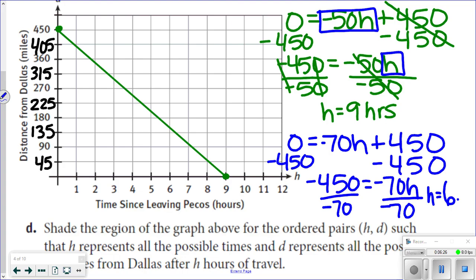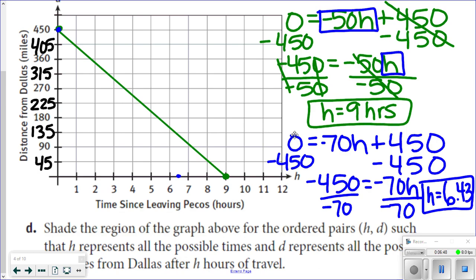So 6.43. So pretty much like 6.5 is our x-intercept. Our 0 of the function, that's how many hours. So do your best. And again, use a straight edge and connect those two things. This is our 0 of the function, total number of hours. So connect your x-intercept to your y-intercept.